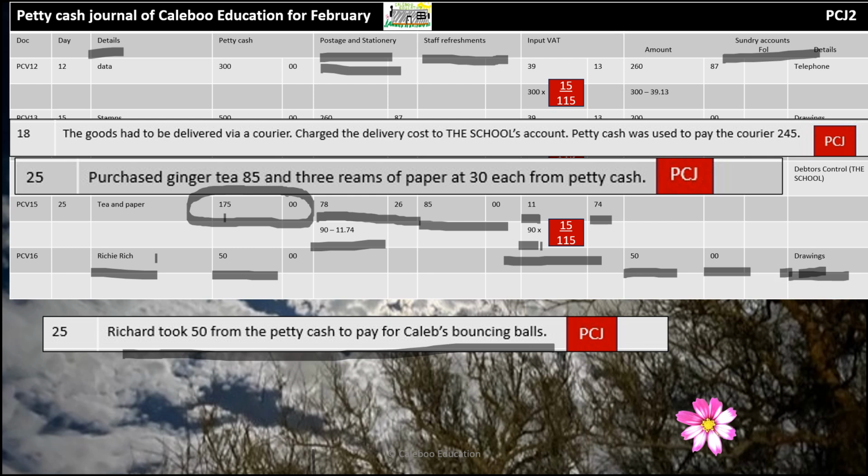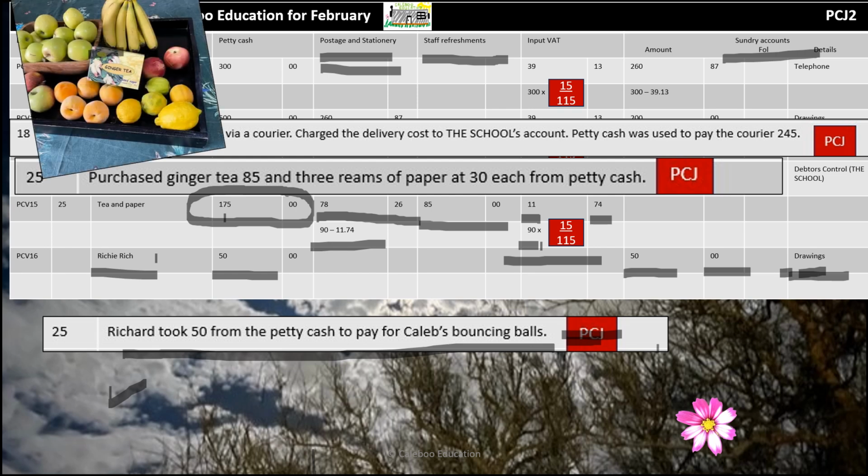Drawings is debited, and that transaction there is complete. It was recorded in the petty cash journal. And there's the ginger tea, by the way, that was purchased.